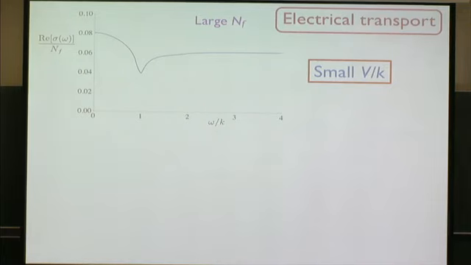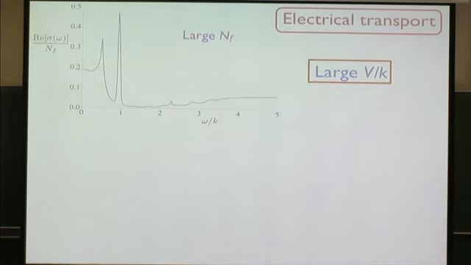At small V over K nothing much happened. This is somehow the periodic potential leading to some sort of resonance in sigma of omega. And at large V over K, you get a very sharp peak at omega of order K, and various resonances. These are interband transitions at larger frequency, and again asymptotic to the 1/16 value at finite large frequency.